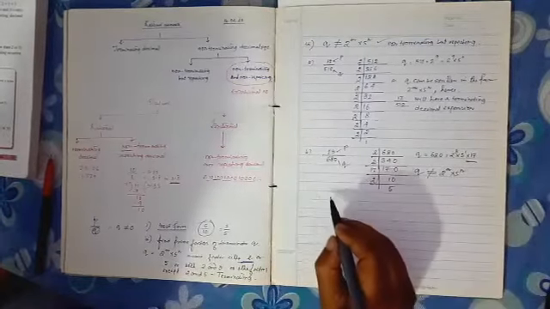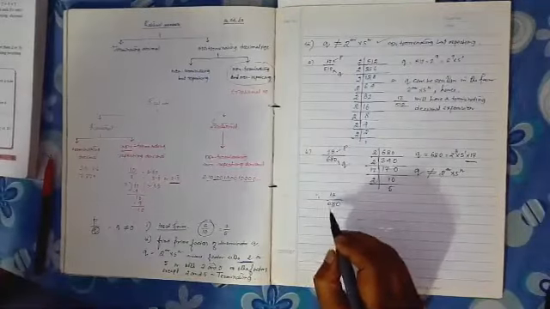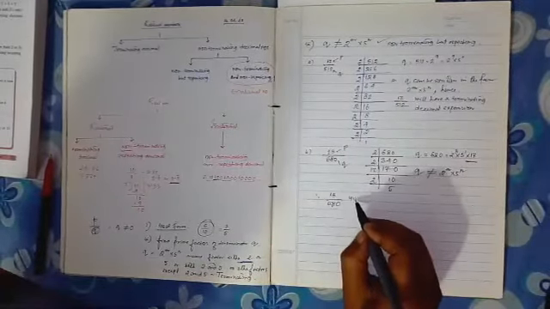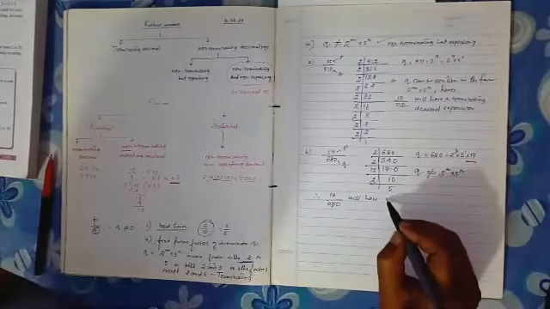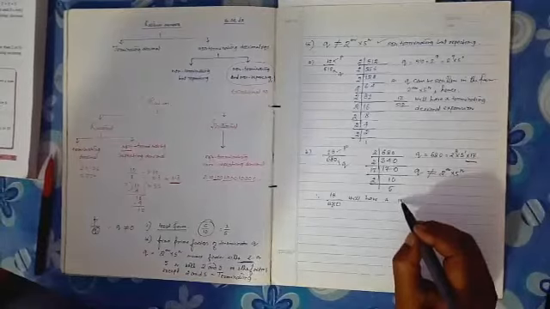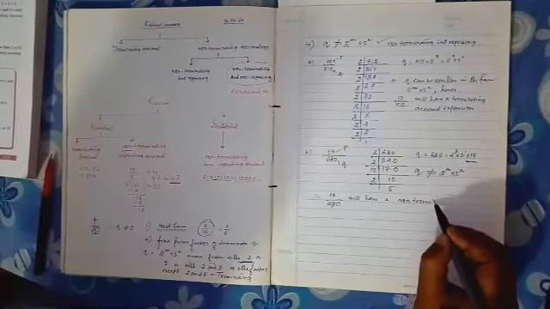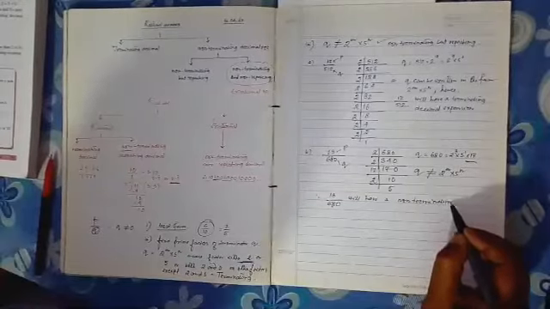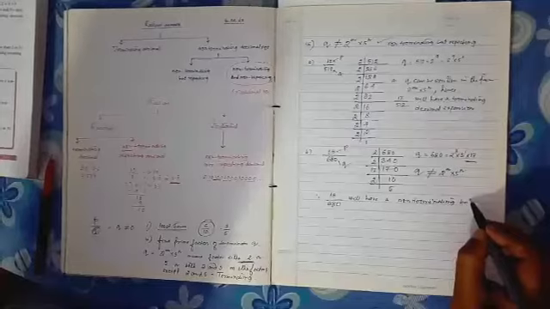Therefore 13 by 680 will have a non-terminating but repeating decimal.